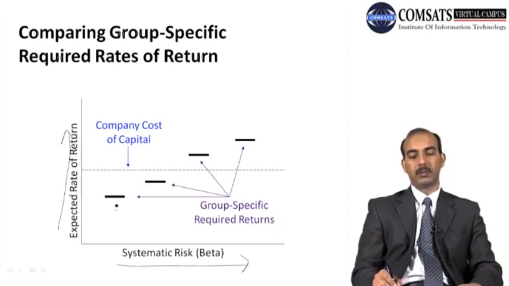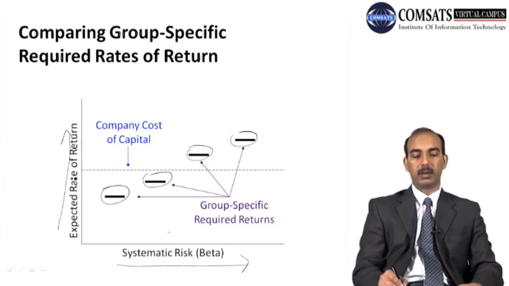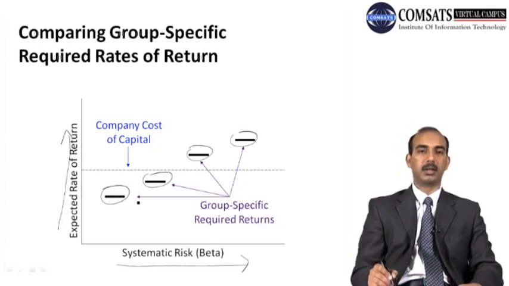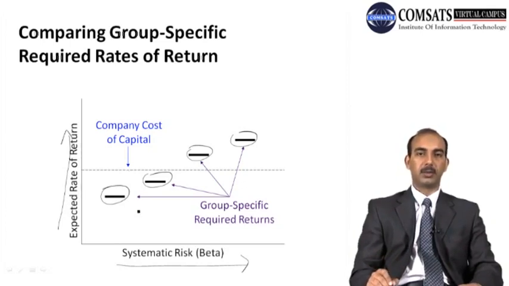So for the projects, these are the group specific rates of return, they are expressed as a bar here, and we have a dotted line which represents the company cost of capital. अब जो वो projects, वो groups where the required rate of return is more than the cost of the capital, that should be accepted, and where the group specific required rate of return is less than the cost of capital, it means the company should abandon those projects.